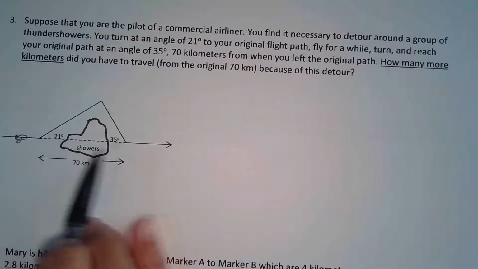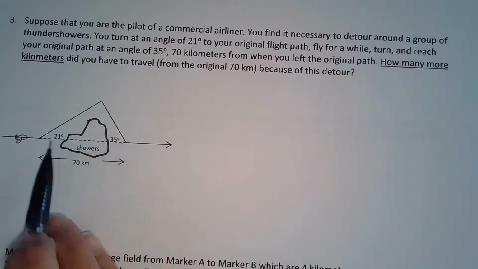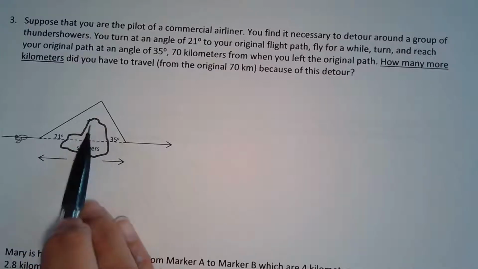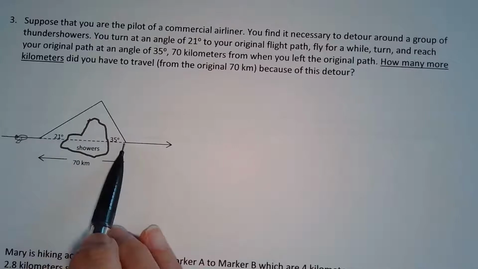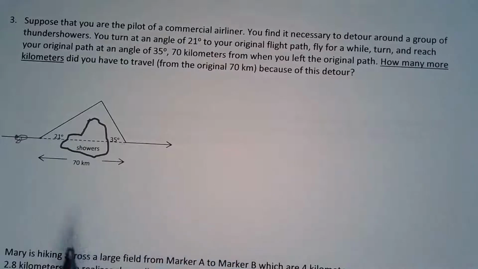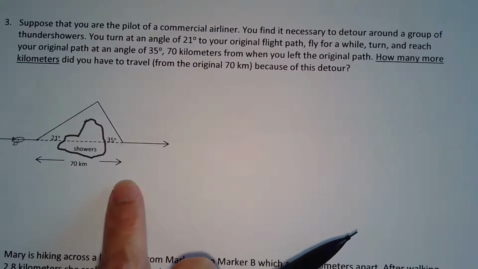That's not too far. Now, because there's a big cloud here, thunder clouds, instead of going straight, it went around and then headed on to the original path. So that's basically what the story is about for this one.